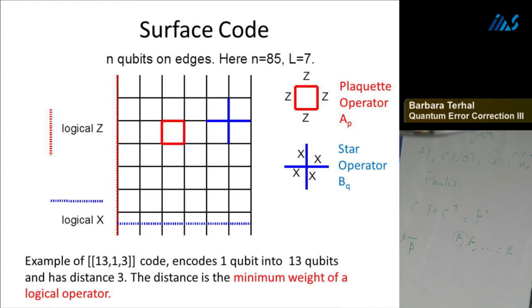But the important property if this is a surface is that the logical z goes from what we call the rough edges here to the rough edges there, and the logical x is going from the smooth boundary to this smooth boundary. It cannot stop in the middle, because if it were to stop in the middle, then it would not commute there. Where is the 13 in this picture?